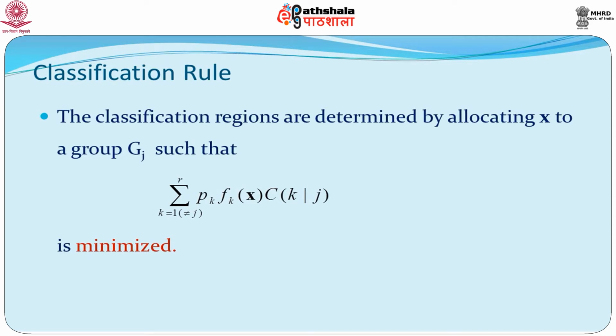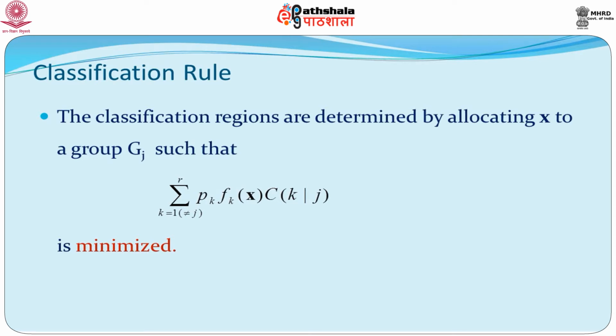But what we can see here is that small p_k is the prior probability of the individual coming from the kth group, and f_k(x) and c(k given j) are the probability function and the cost for misclassification.